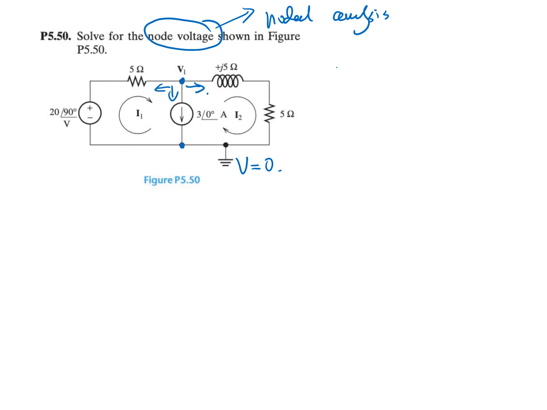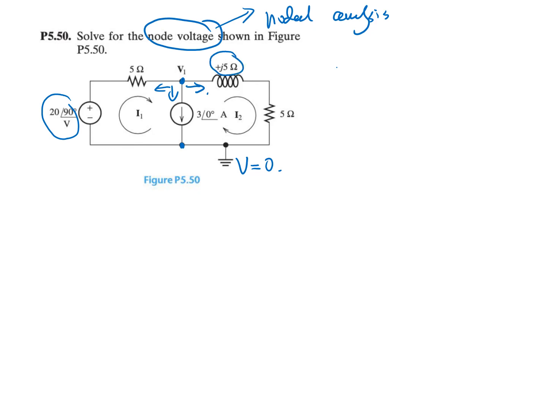Assume all the currents leave that node. Well, so now we need to write the KCL equation. But before we do that, we need to convert everything into its phasor form. Well, we can see that all of the elements are written in its phasor form, but some are in the polar form, some are in rectangular form.